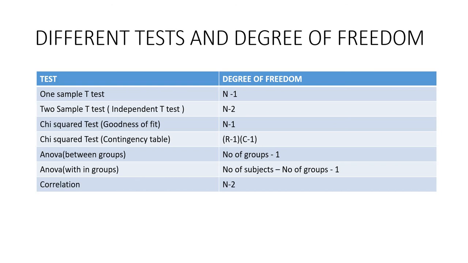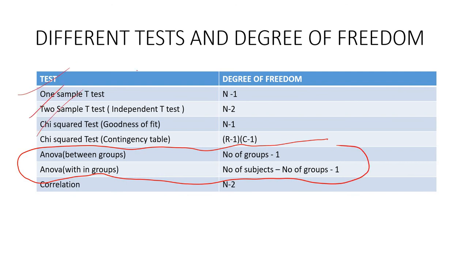So the degrees of freedom for ANOVA are given here. You have the degrees of freedom for different tests. You can learn it if you are interested. For ANOVA between groups, the degrees of freedom is number of groups minus 1. For ANOVA within groups, it's number of subjects minus number of groups. This is the degrees of freedom. That's also covered as part of this video.